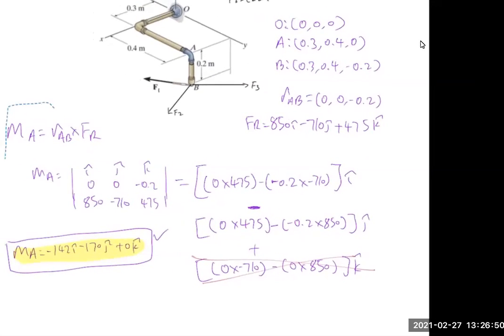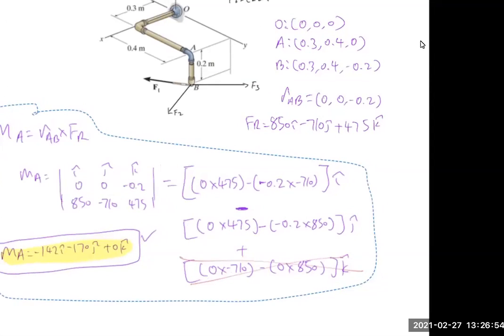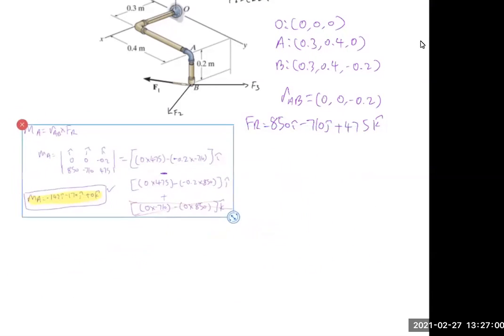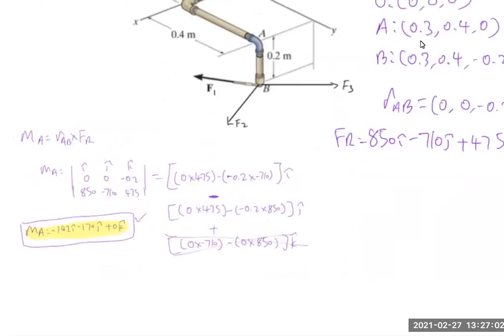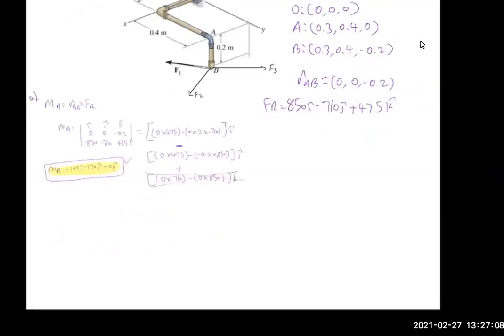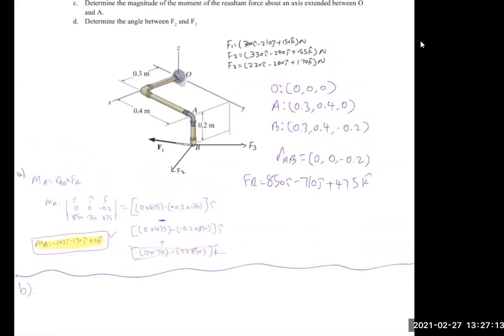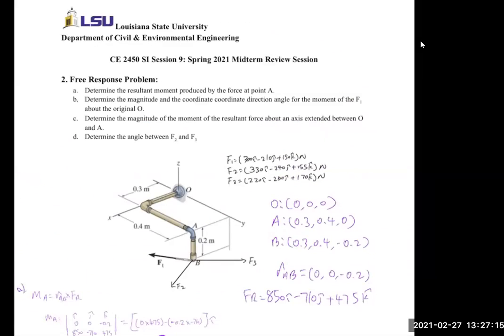I'm going to scale it down to part B. It's basically the same thing as the previous problem, but just gives you guys more practice on it. Label this part A. Part B asks: determine the magnitude and the coordinate direction angle for the moment of F1 about the origin.